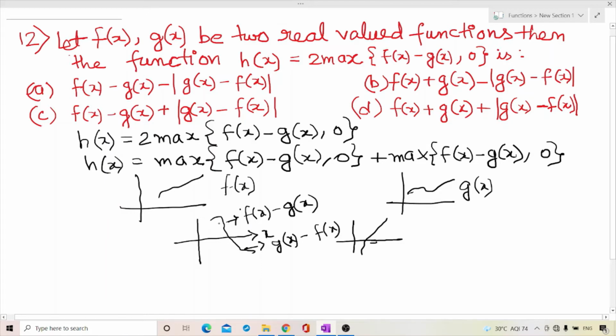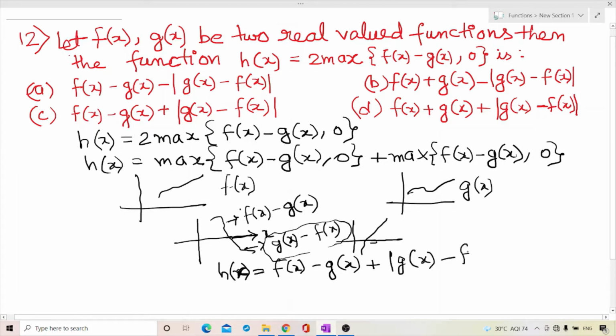Now I have to take the maximum of this function, so here it is 0, so h(x) is equal to f(x) - g(x) plus, this part is negative, so I have to take mod for this, so it will be |g(x) - f(x)|.